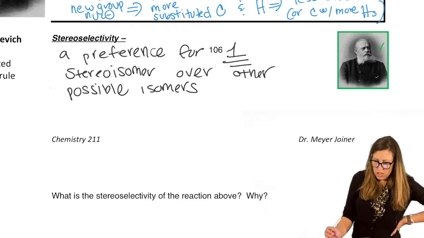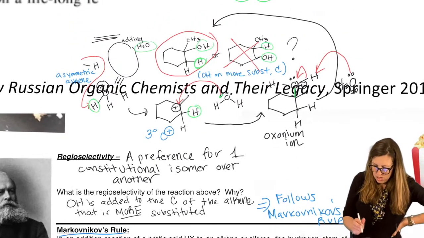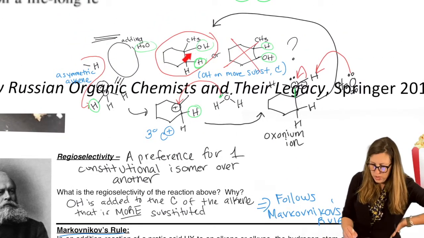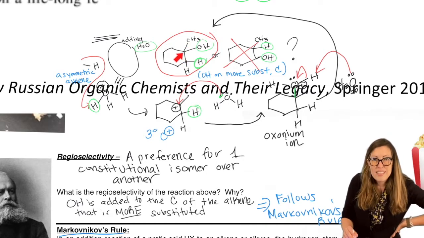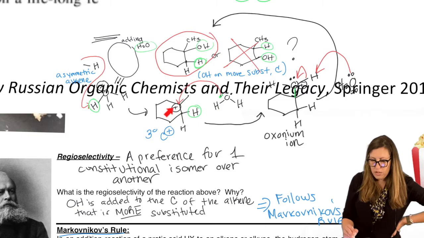Okay, so because we made a carbocation here, we did not have a back or front side attack exclusively. We had a carbocation, which means it could attack from either side. We also don't have a stereocenter here when we're done.